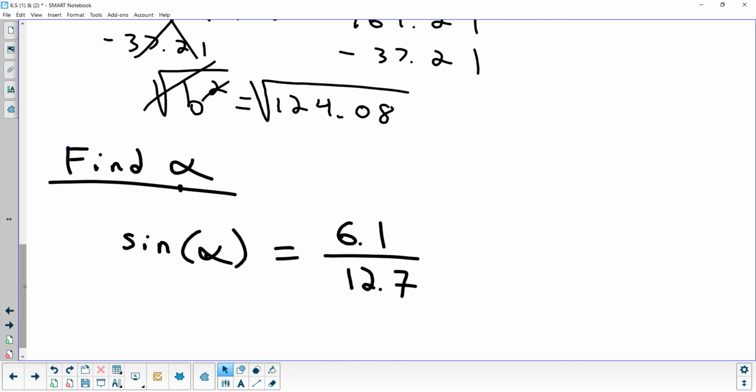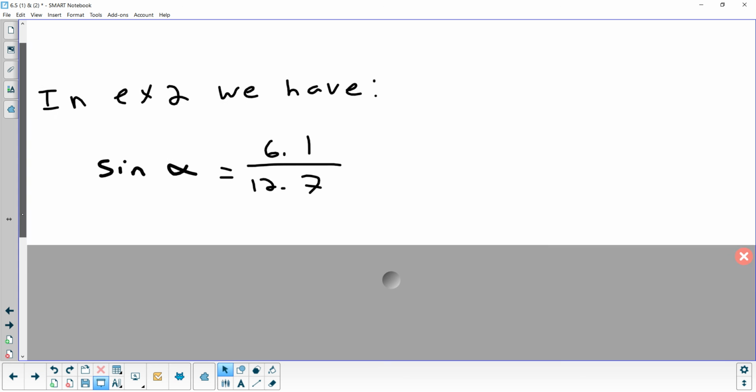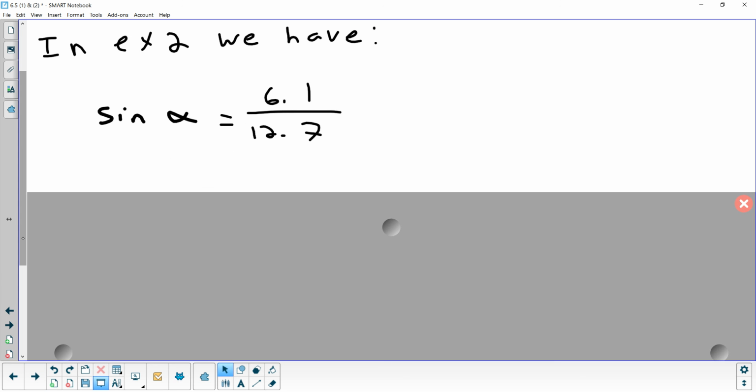So we have to get rid of this function. Okay, leave a little bit of room. I'm just going to explain what we have to do now, and then we'll go back and do it. There is a function that cancels out sine. I don't know if we've talked about it or not yet. Does anybody know the name of the function that cancels out sine? It's on the calculator, but I don't think it's a button we've used yet.